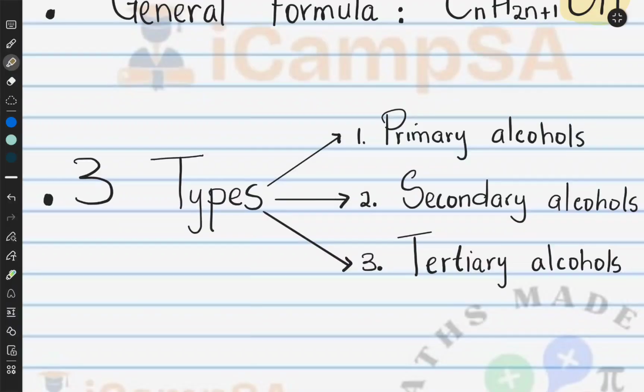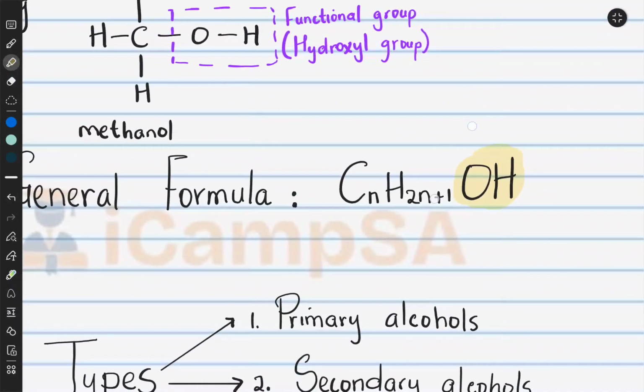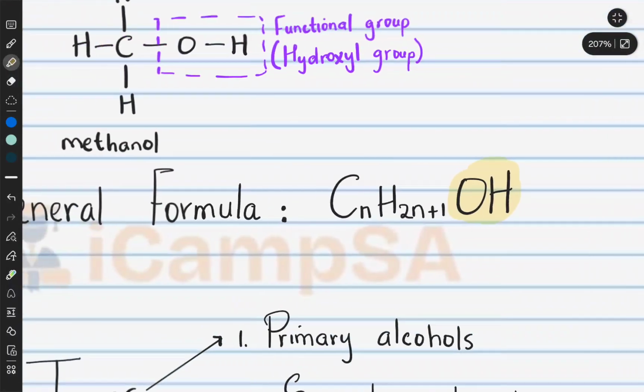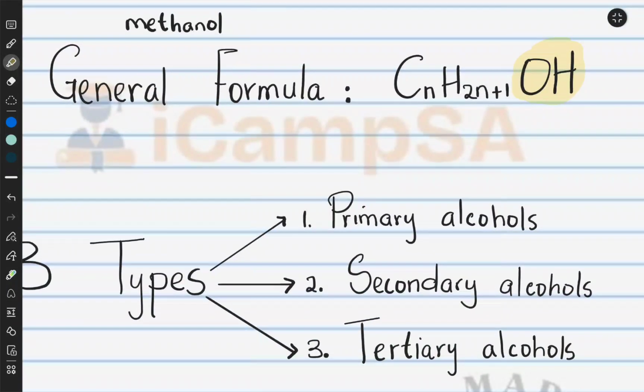Now, similar to haloalkanes, alcohols have three types as well. You have primary alcohols, secondary alcohols, and then tertiary alcohols. Depending on where the hydroxyl group is attached, whether it is attached to a primary carbon atom, a secondary carbon atom, or a tertiary carbon atom, that will determine the type of the alcohol itself.